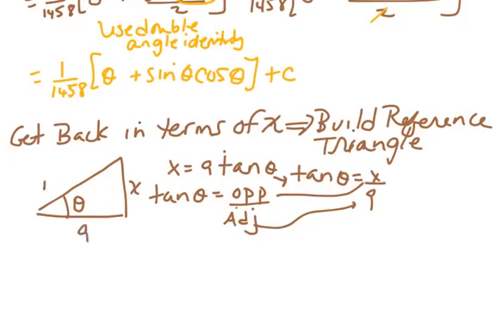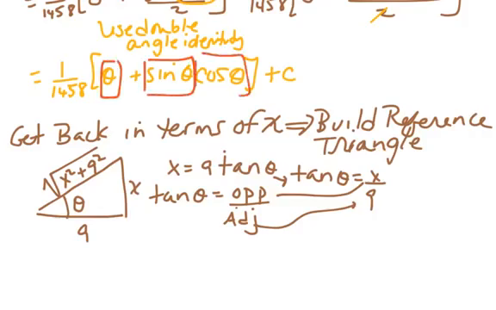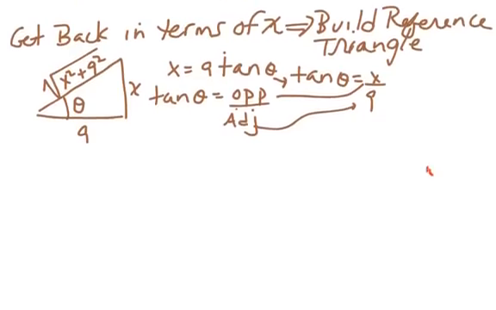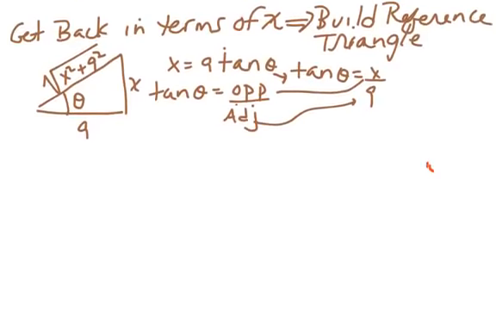So what we're left with is the hypotenuse, which is the square root of x squared plus 9 squared. So I built a reference triangle based off of the substitution that we made, and I need to find the values for theta, sine of theta, and cosine theta in terms of x. So I'm going to just use my reference triangle and solve for them.